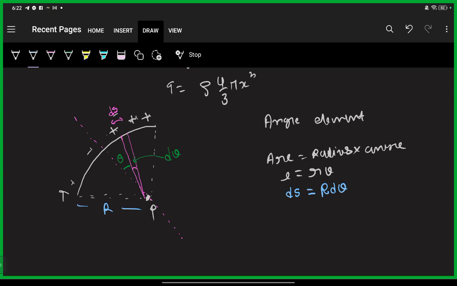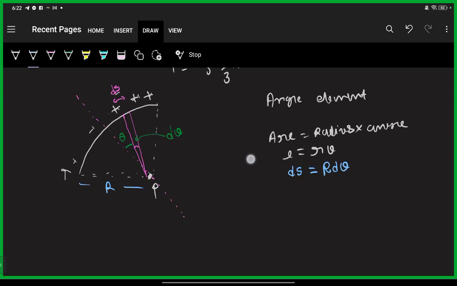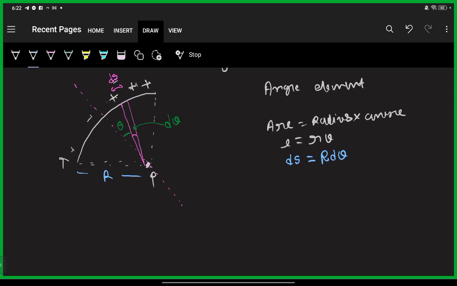So now let's say this is having a lambda charge density, linear charge density, and it is given by total charge upon length, right? So let's say its original length was L, total length.